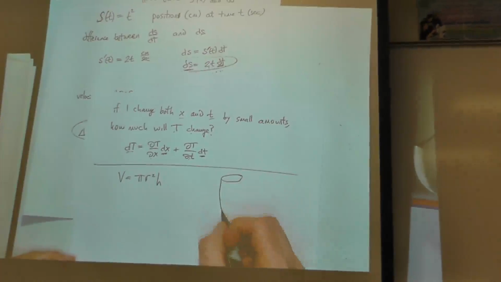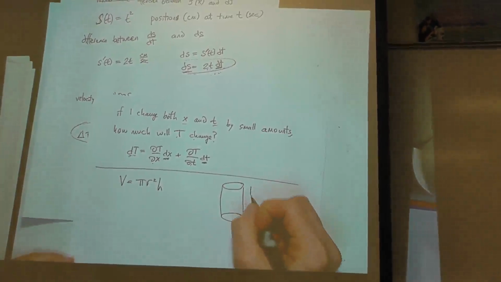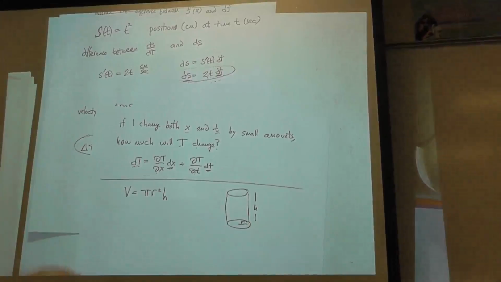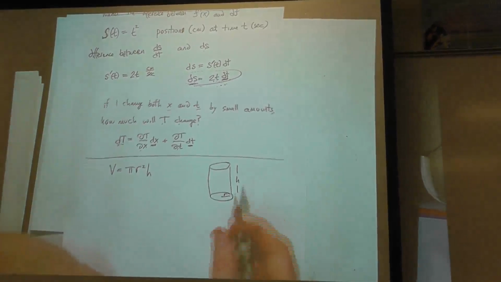So V is giving you the volume of a cylinder that's of height h and radius r.